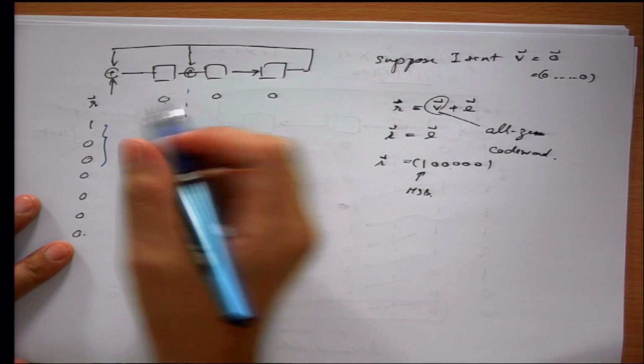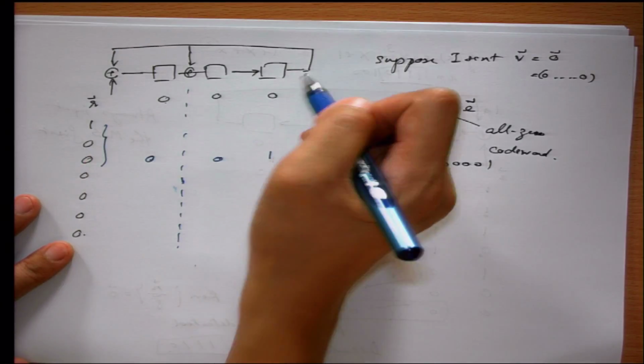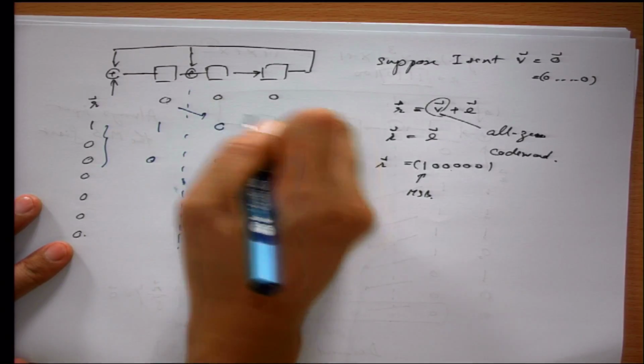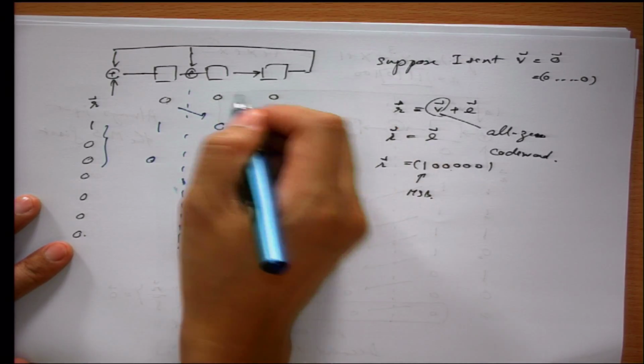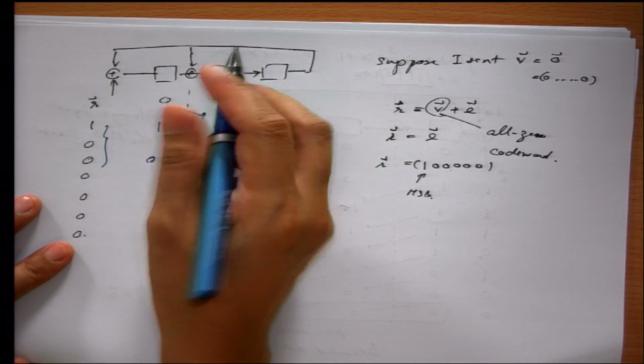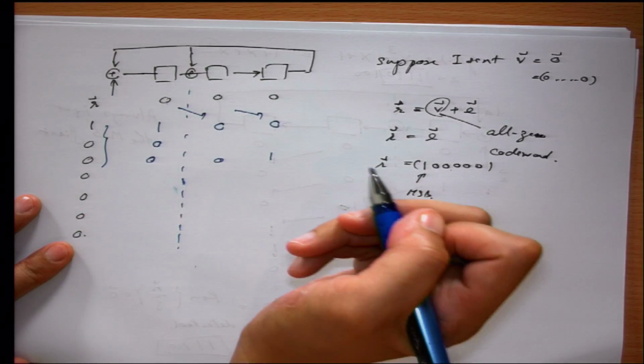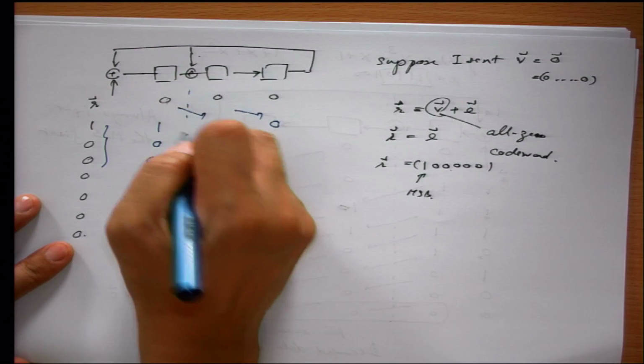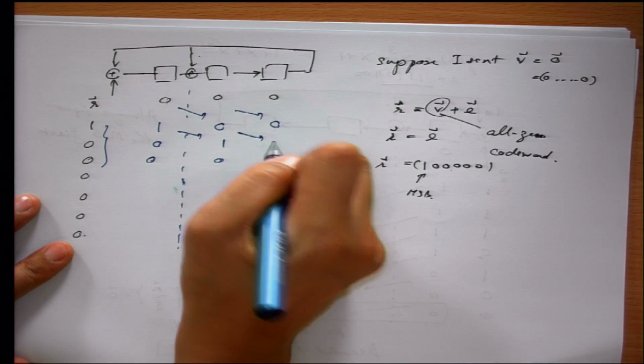But anyway, let's do it one by one. 0 plus 1 is 1, this is shifted, 0, 0, and then 0 plus 0 is 0, and 0 feedback here, so 0 plus 1 is 1, this is 0.